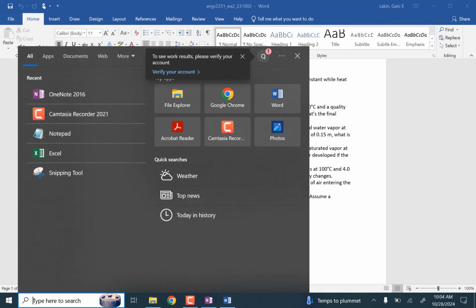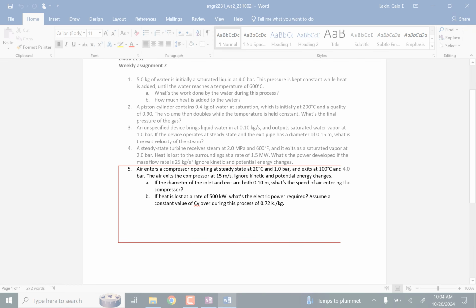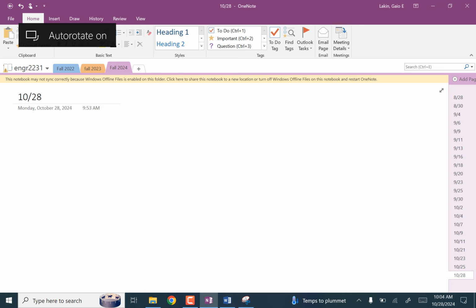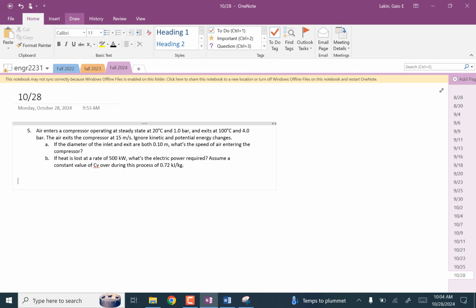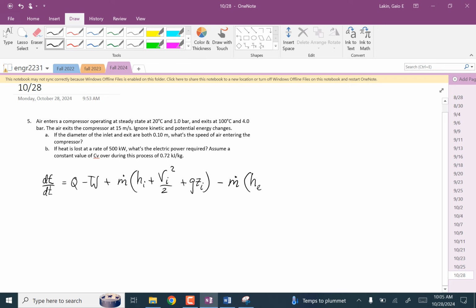Let's think about it for a second. Okay, so dE/dt is equal to Q minus W plus m dot times (h_i plus V_i squared over 2 plus g z_i) minus m dot times (h_e plus V_e squared over 2 plus g z_e).